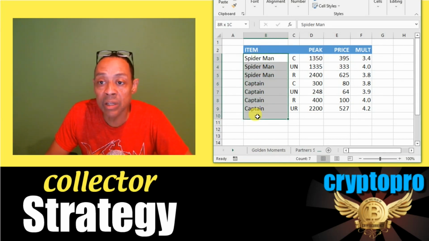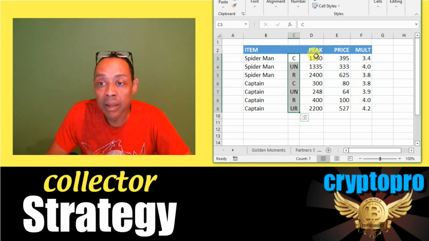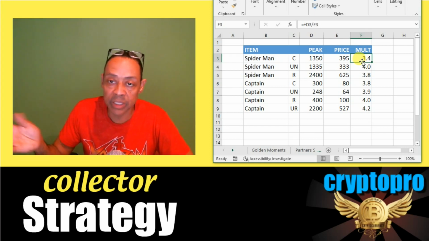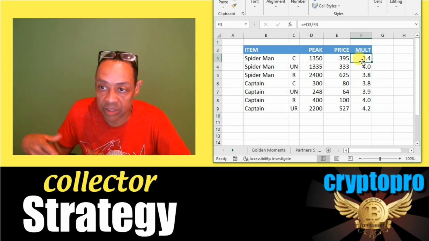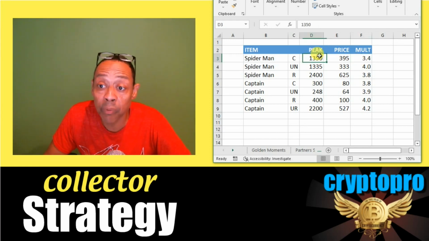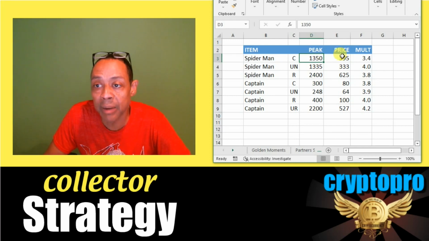List your items here, list whatever they are rated at here, put your peak prices in here, current price in the next column, and then the formula is you use the little plus sign and look it up. If you don't know how to use Excel, just look it up on Google. That's not the point. Divide peak price in D3 here in this example, divided by current price. That gives you the multiplier.